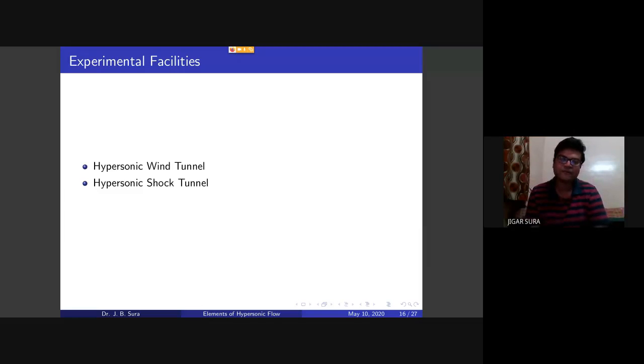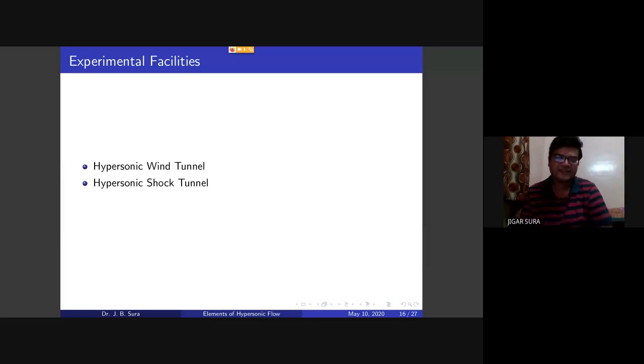You can start the flow using a gas turbine engine which drives the fan, and you can generate the flow. You can run those tunnels for minutes together or hours together. Even in your lab, when you run the wind tunnel, you run for about 20 minutes, 30 minutes together. Of course, it comes with the electricity bill, but still you can run if you have money.